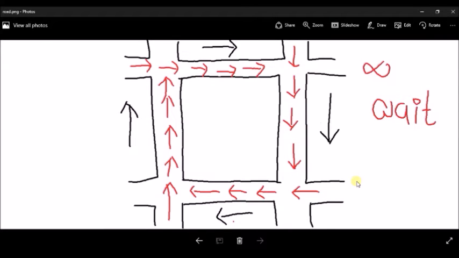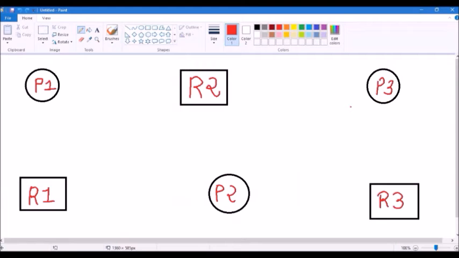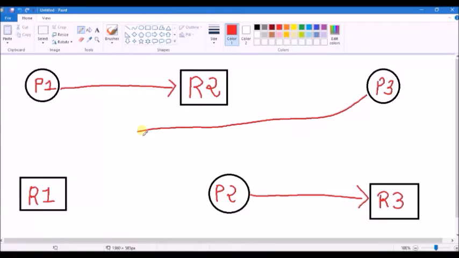Now let's talk about non-preemption. For example, in this system there are three processes, P1, P2 and P3, and three resources, R1, R2 and R3. Suppose process P1 wants to access resource R2, process P2 wants to access resource R3, and process P3 wants to access resource R1.